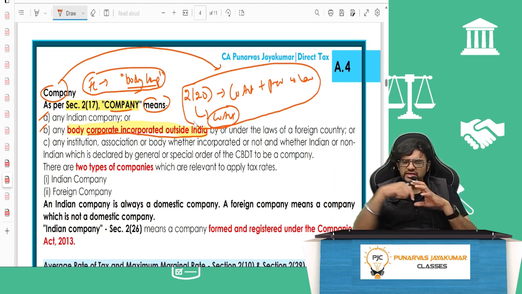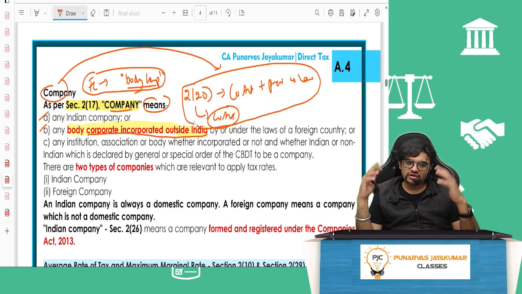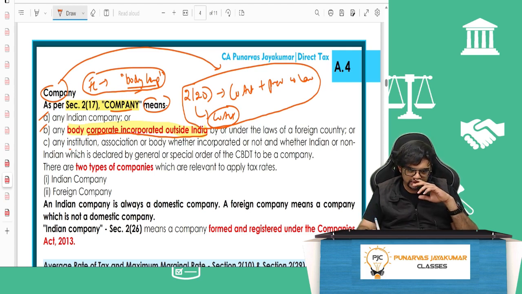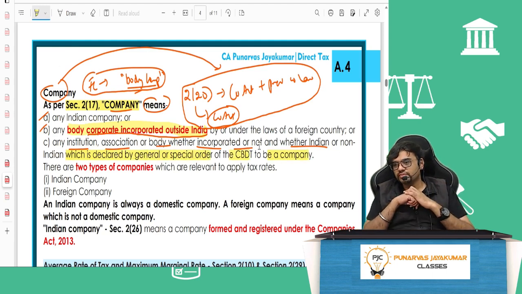Yes, these are all separate legal entities, I know. Can I lift the corporate veil and make your association also a company? Yes. The third point: any institution, association or body, whether incorporated or not, I don't care if it is registered or not, and whether Indian or non-Indian, which is declared by a central, general or special order of the CBDT to be a company will also be a company.